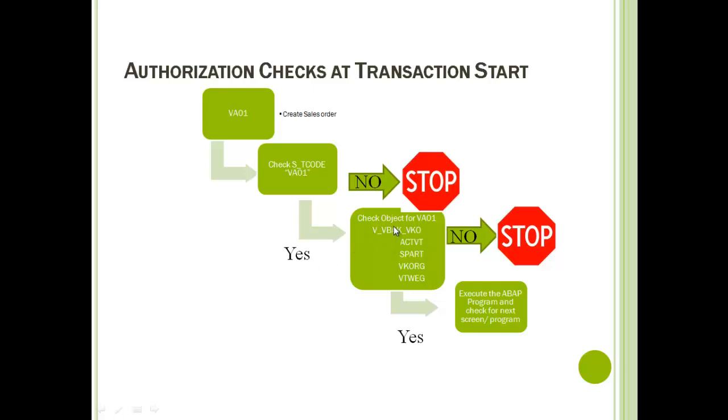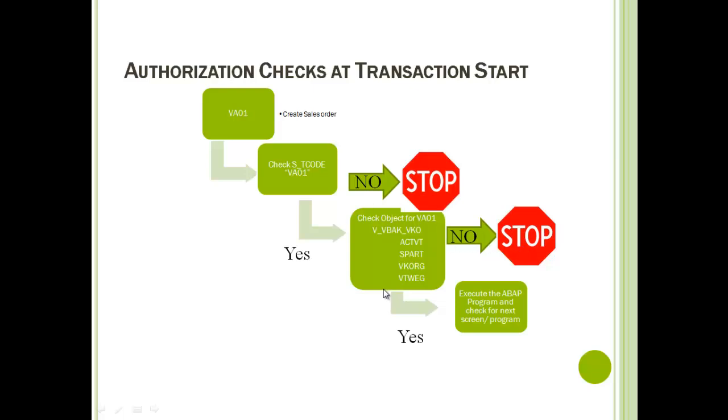It checks whether these fields and field values of this authorization object are available for this user or not. If available, it will go further. If these mandatory authorization objects are not available, then it will say you are not authorized, and it will stop the transaction.